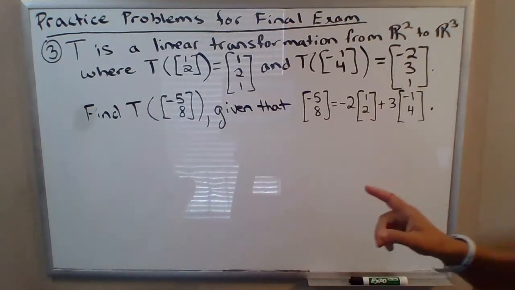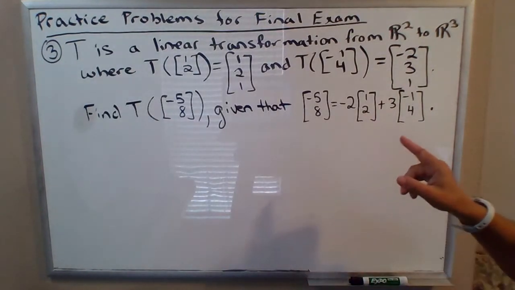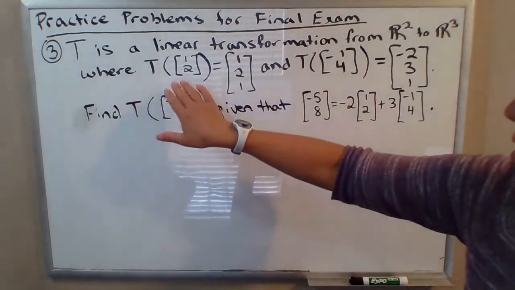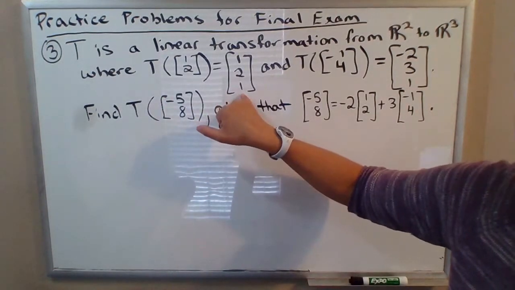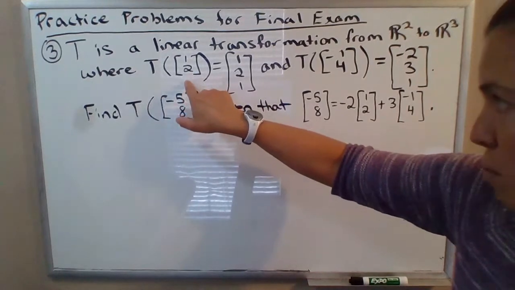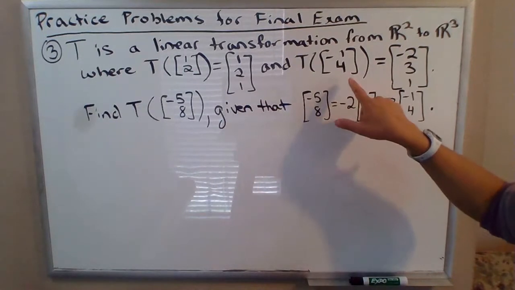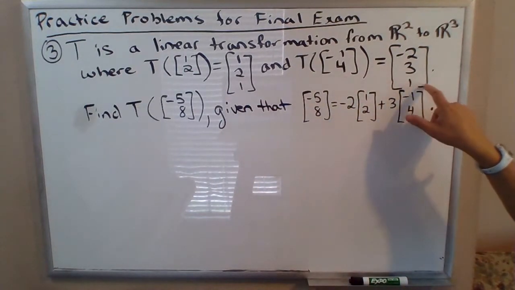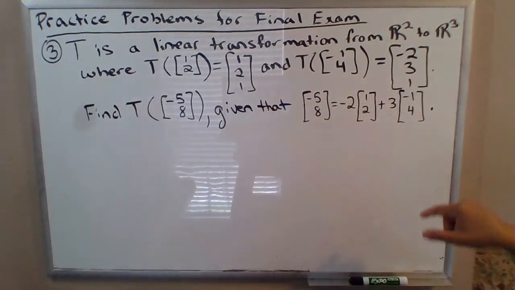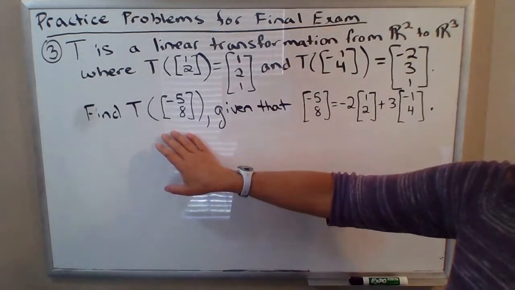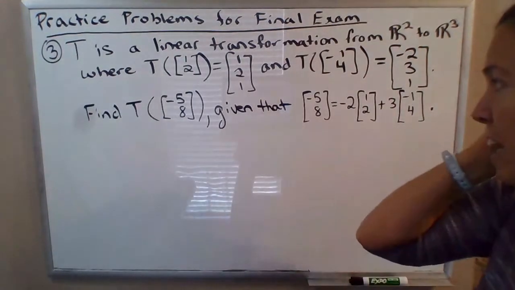So we're supposed to assume that T is a linear transformation from R2 to R3, where the output corresponding to the input vector 1, 2 is 1, 2, 1. And T of negative 1, 4 gives us an output of negative 2, 3, 1. Now we're asked to calculate T of negative 5, 8.